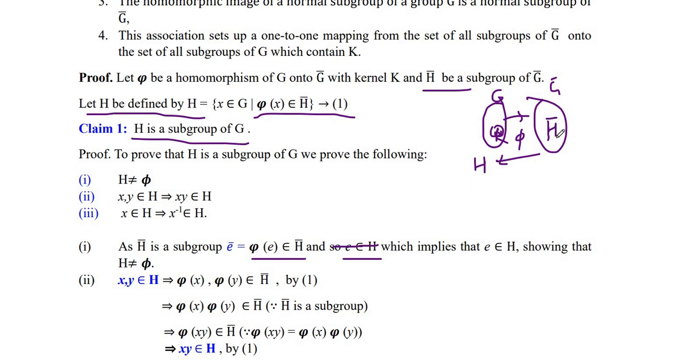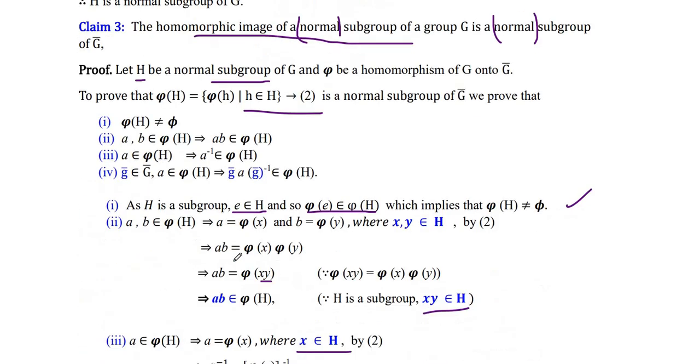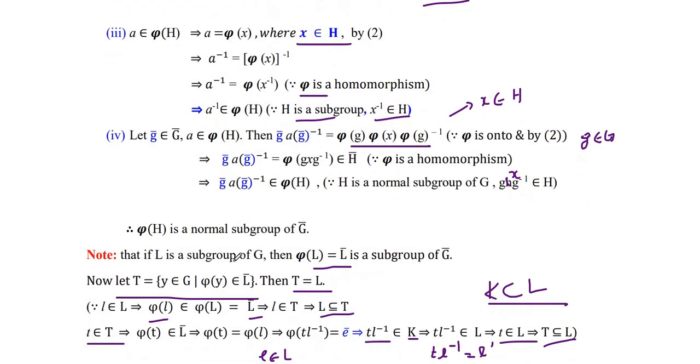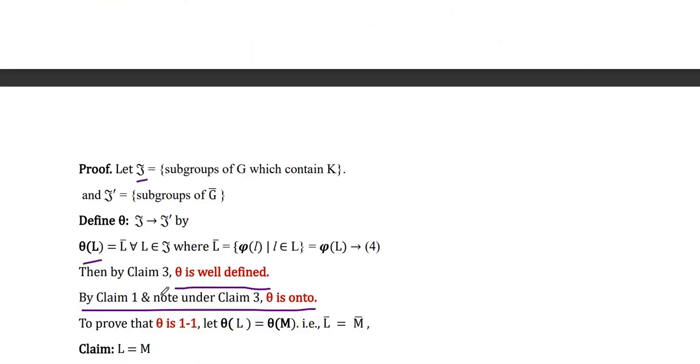So for every element in this, I can find a subgroup in the domain. That's what claim 1 says. And when I consider L bar, the pre-image cannot be something else, it will be L. So that is ensured from this note. So we conclude from those two, that is by claim 1 and note under claim 3, theta is onto.